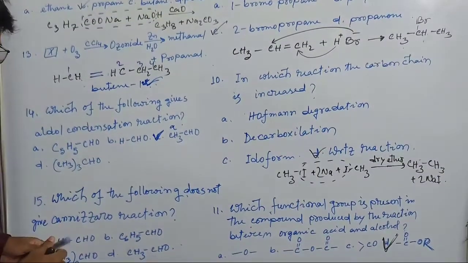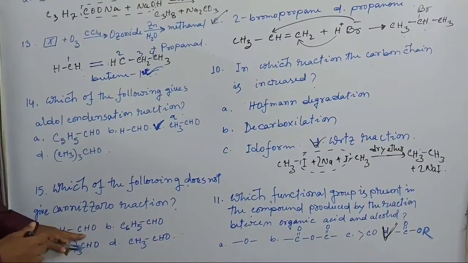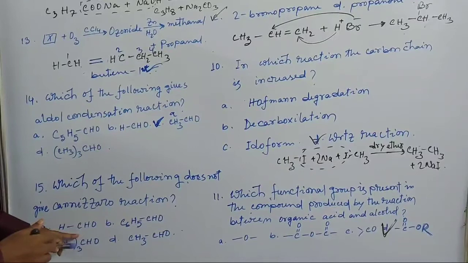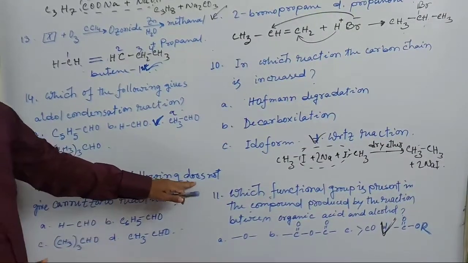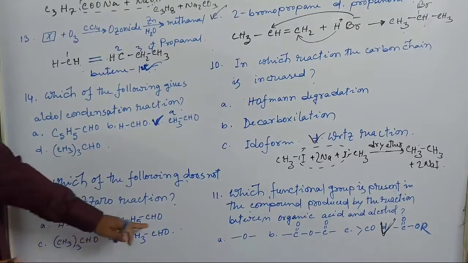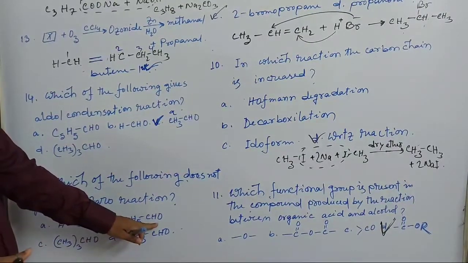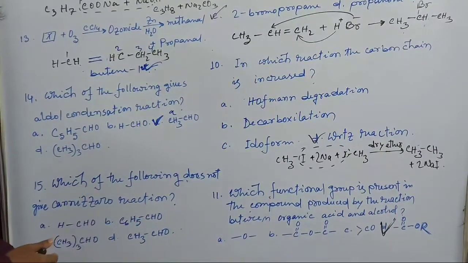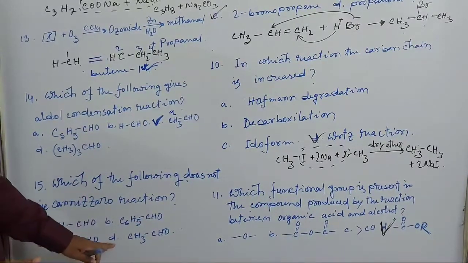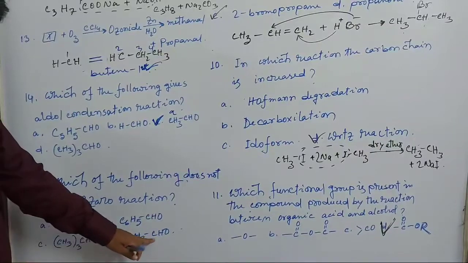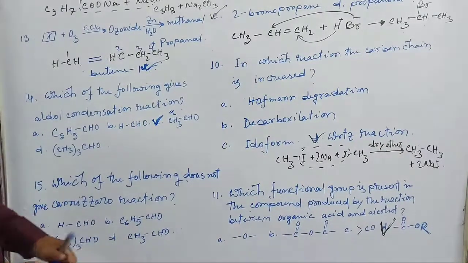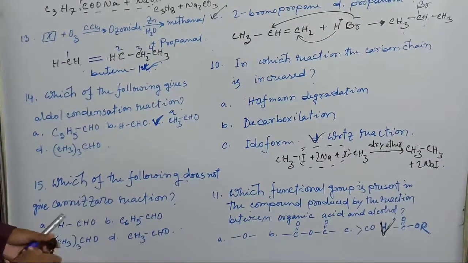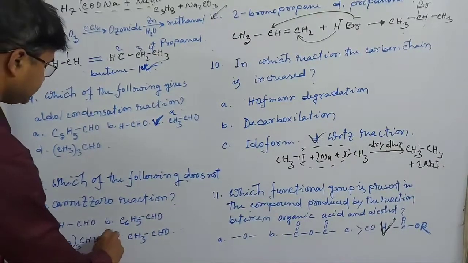Here methanal has no alpha carbon, so of course methanal gives the Cannizzaro reaction. My question is which does not give. This is benzaldehyde. Benzaldehyde has an alpha carbon, but there is no hydrogen atom at the alpha carbon. This one has an alpha carbon and also alpha hydrogen, so it does not give the Cannizzaro reaction. So the right answer is D.